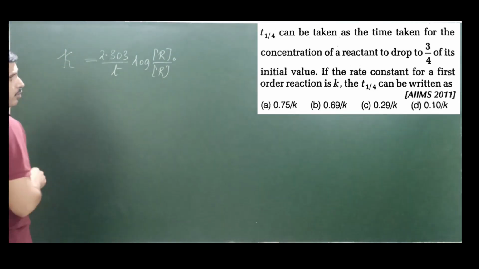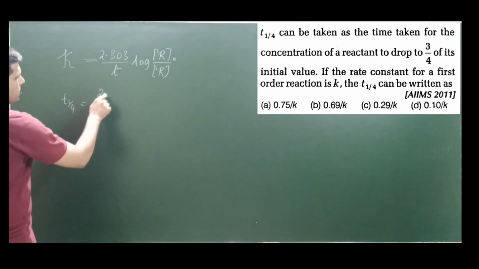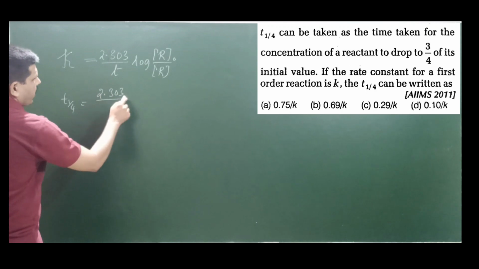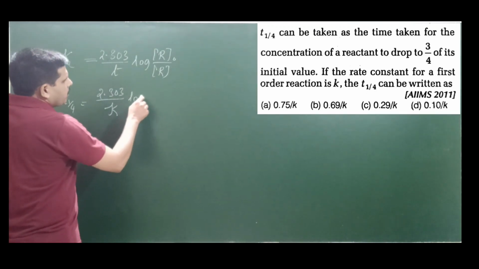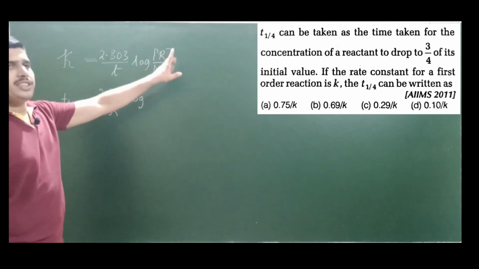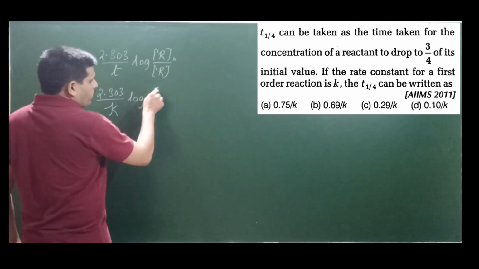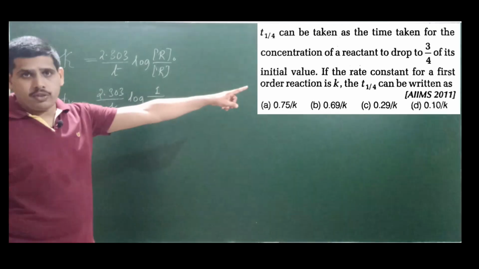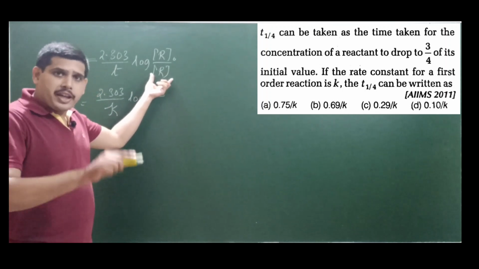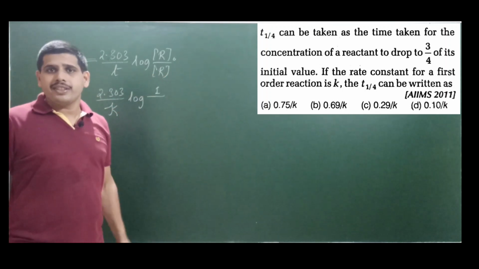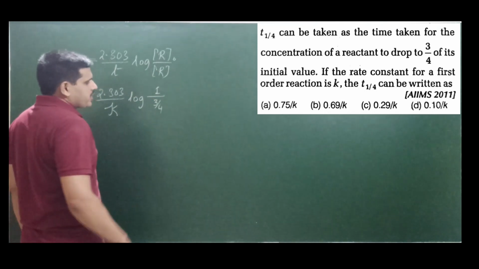It is told that T 1/4, so I'll take that as T 1/4, which is equal to 2.303 divided by the rate constant K, into log of, I'll take the initial concentration as 1 molar, okay? So initially it is 1, so it reduces to 3/4 of it. That means 25% completes. What we are writing here is what is remaining. So if 25% completes, the remaining is 75%, so that is denoted as 3/4, isn't it?